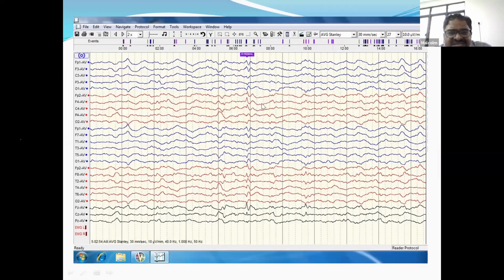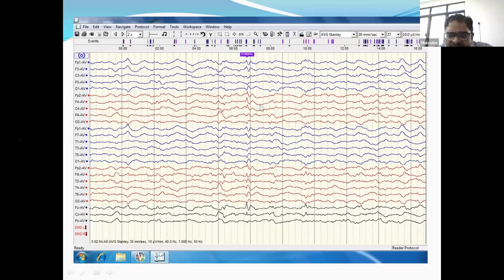But let's analyze how different it is from a BSSS. Here, there is a clear disturbance of the background. The background is going on, but once the spike and wave appears, there seems to be a background disturbance. There's a clear aftercoming slow wave.